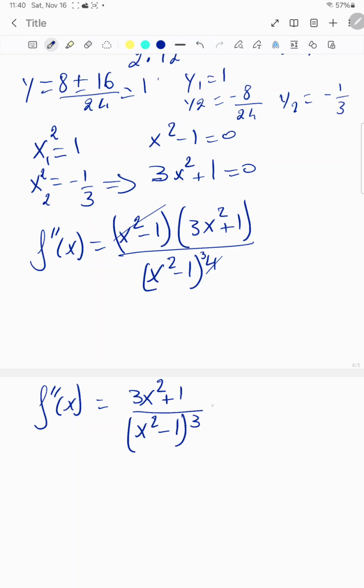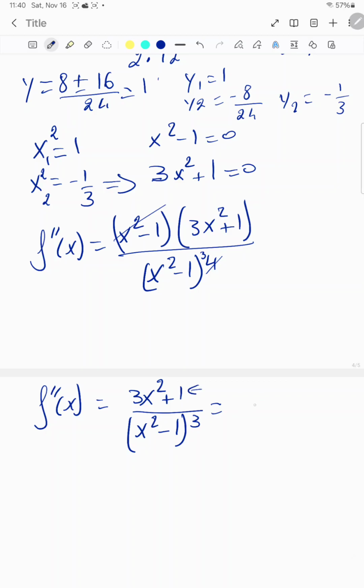So now I know that the function outside of minus 1 and plus 1, because we said here x can never be plus or minus 1, is always positive. If x is equal, let's say, to 2, 2 to the power 2 is 4, minus 1 is 3, 3 to the power 3 is 27, and this is always positive here.